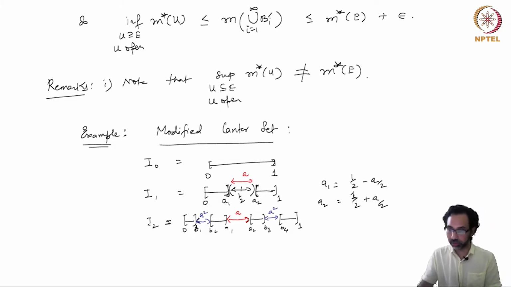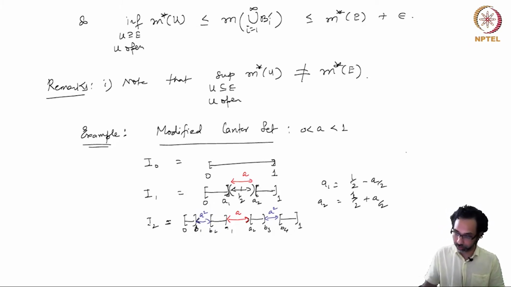Of course here I am taking A, a positive number between 0 and 1, and at each subsequent step we are removing subintervals of smaller and smaller length, because when you take higher powers of A it will become smaller. The first one was A at I1, where we removed a subinterval of length A centered at half. In the second case we removed a subinterval of length A squared but centered at A1 by 2.